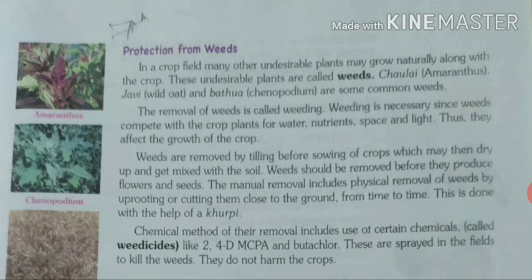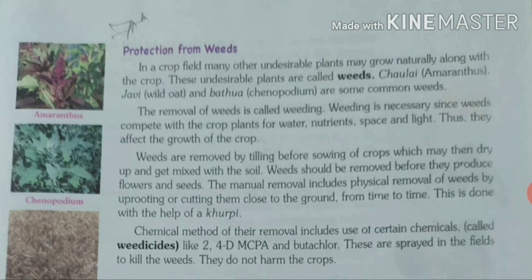A solution of weedicide in water is sprayed on the standing crop in the fields with a sprayer. The weedicides kill or destroy the weeds but do not damage the main crop. The weedicides are sprayed in the crop field before the flowering and seed formation in the weeds take place.